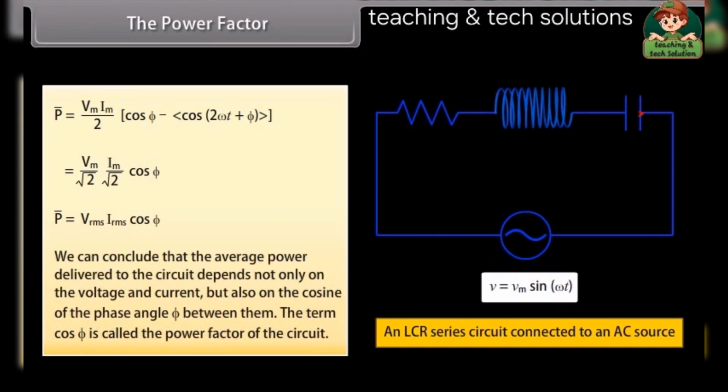We can conclude that the average power delivered to the circuit depends not only on the voltage and current, but also on the cosine of the phase angle phi between them. The term cos phi is called the power factor of the circuit.